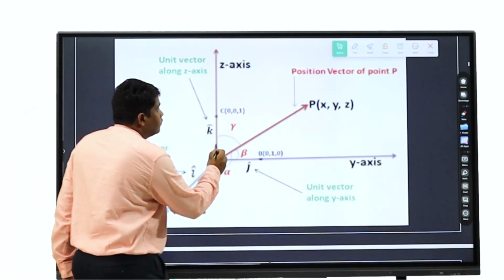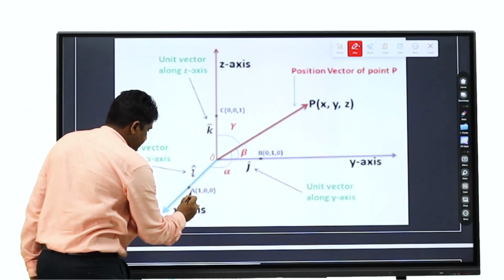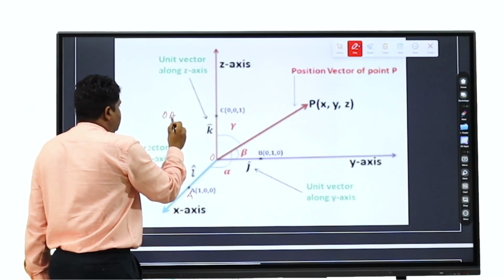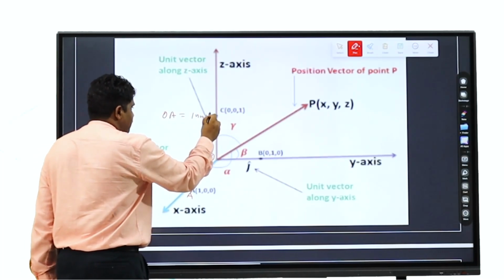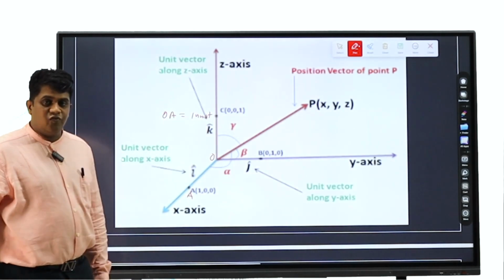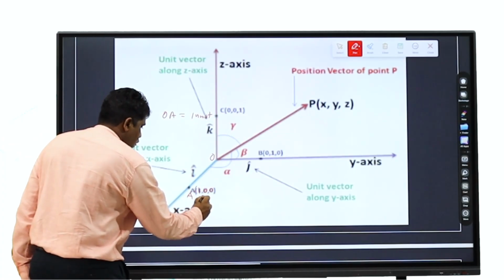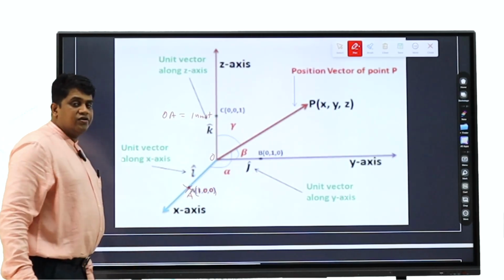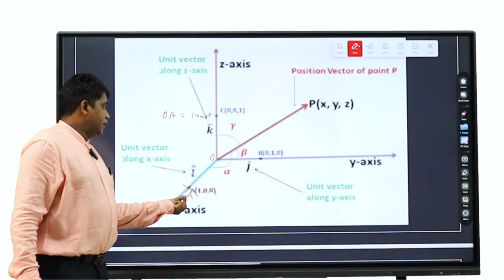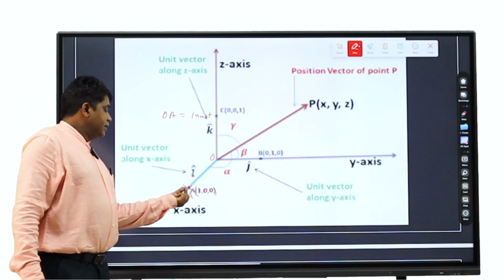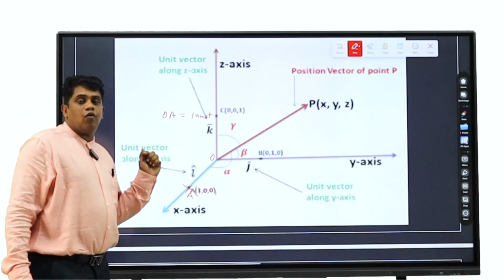This is the origin, and let this be A, and the length of OA is 1 unit. Then this point is 1, 0, 0, because the x coordinate is 1, since the point A is 1 unit from the origin.